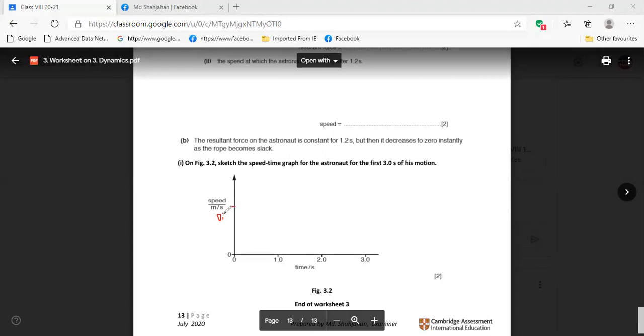This is our final speed, right? Yes. Then we have here the scaling of time 1 to 2 seconds. So 1.2 means 1/5, right? Yes, of this space you can take.